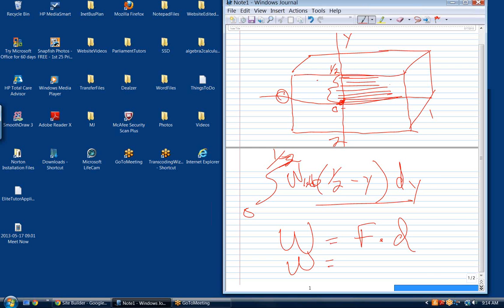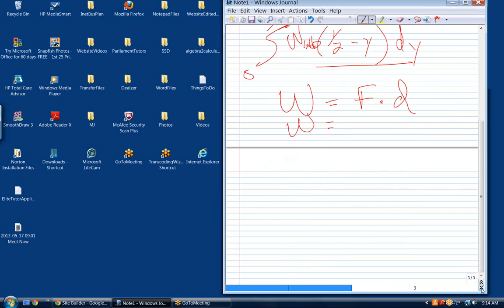The limits of integration, it's very similar to when we have solids of revolution.